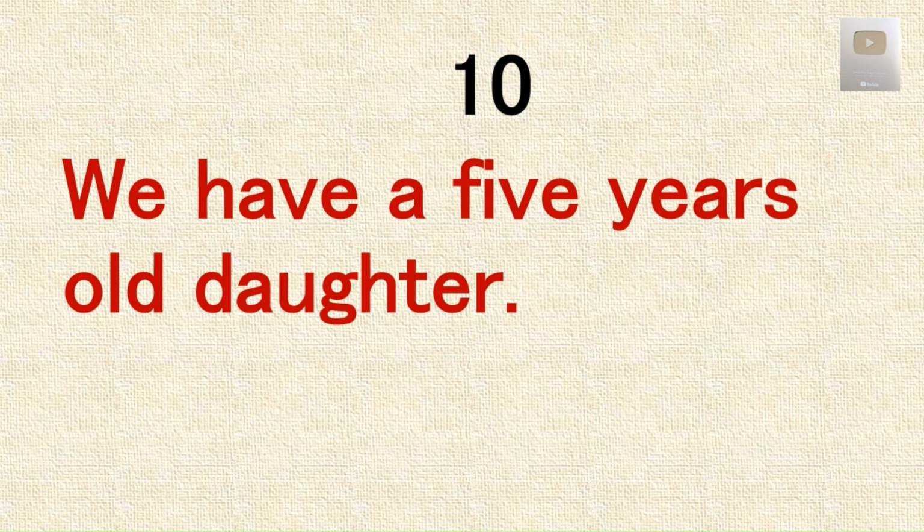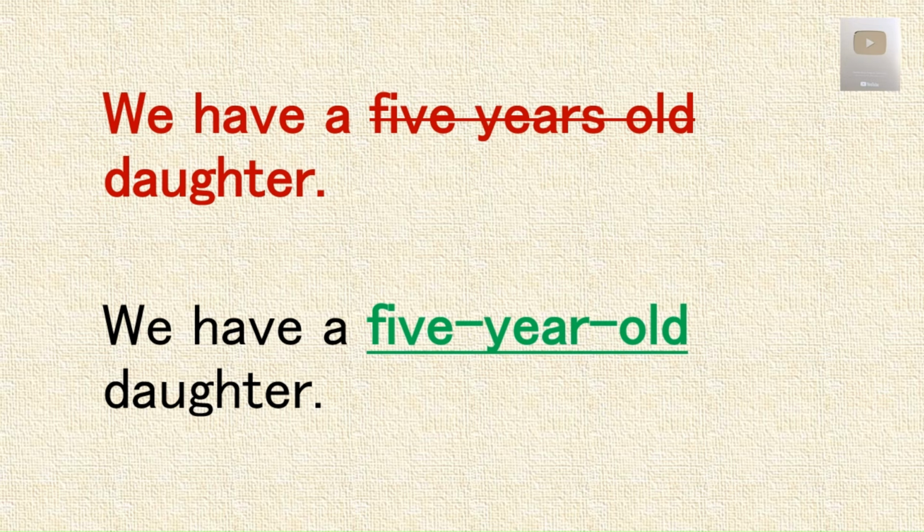In this exercise, I've mixed very simple and very complex. Let me know how many of them you got right, your score and your feedback for the test in the comments. We have a 5-year-old daughter. Now the word which you have here, article a, tells you that it should be 5-year-old.